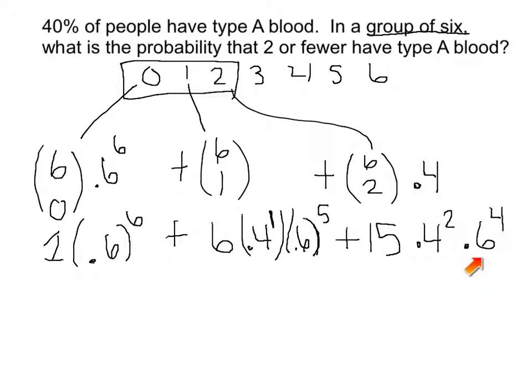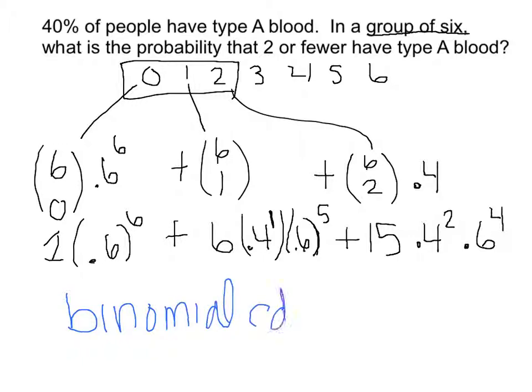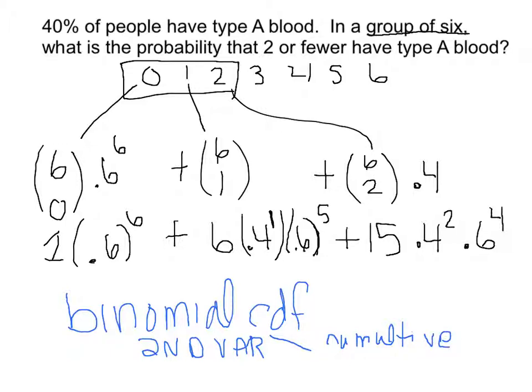Now, if you try this on a calculator, you might also want to check out the binomial CDF button in the second vars menu. What the C stands for is cumulative, and the cumulative density function adds up all of the little probabilities for you, and it only adds them from left to right.